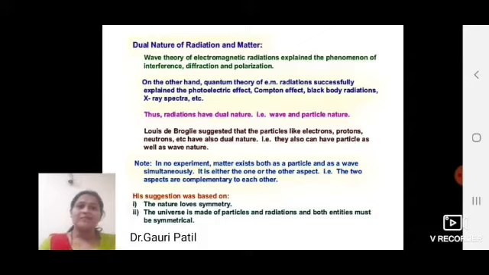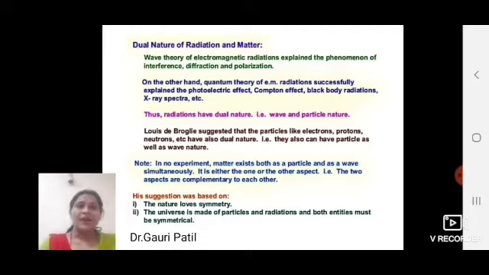On this suggestion he based two things. First, nature loves symmetry, and the universe is made up of particles and radiation, and both entities must be symmetrical. So this is the concept of the dual nature of radiation and matter.